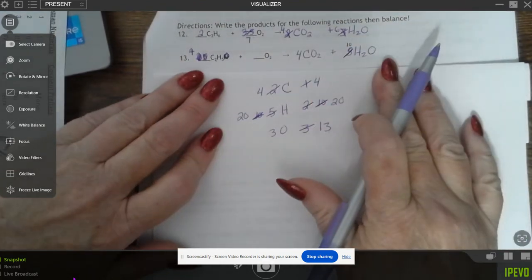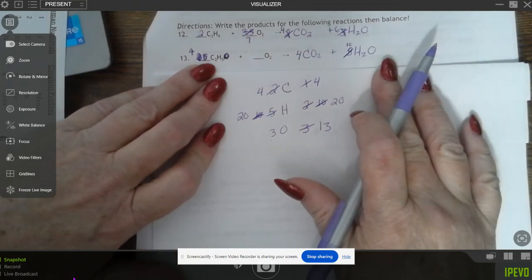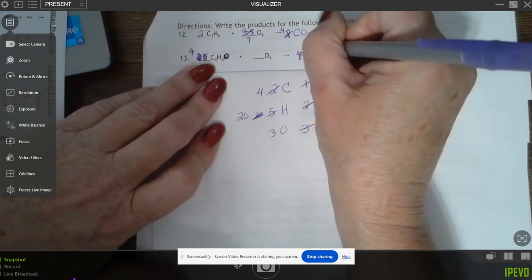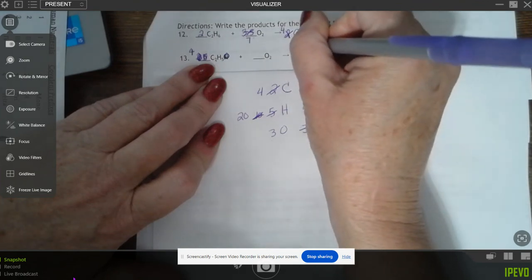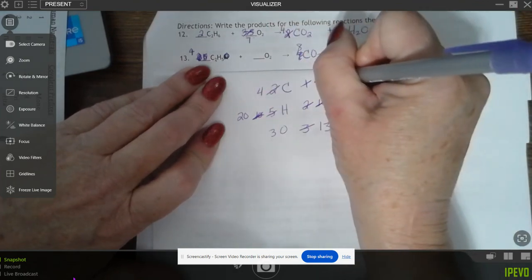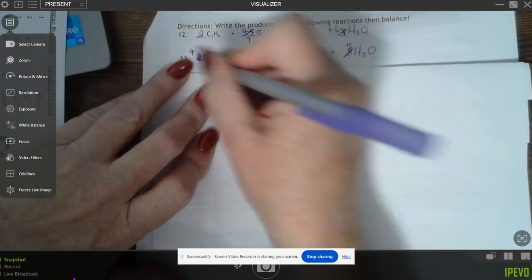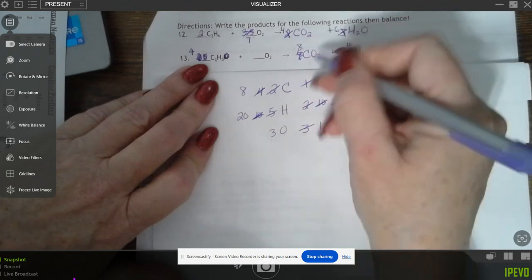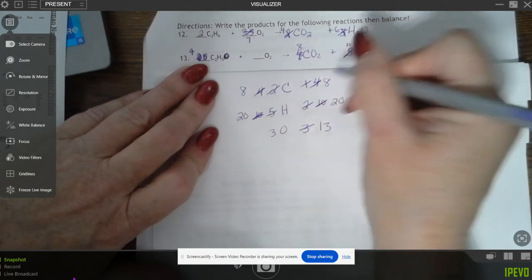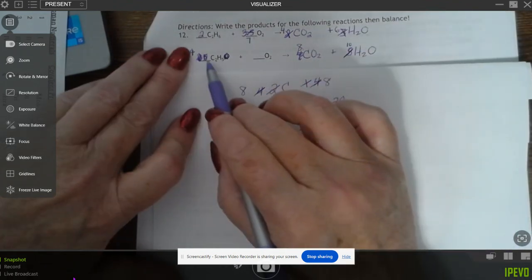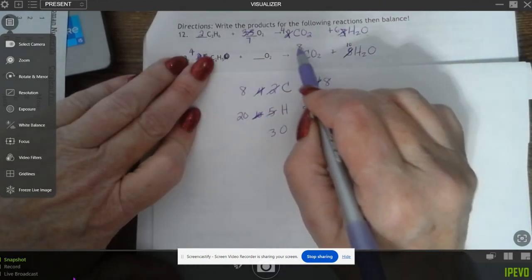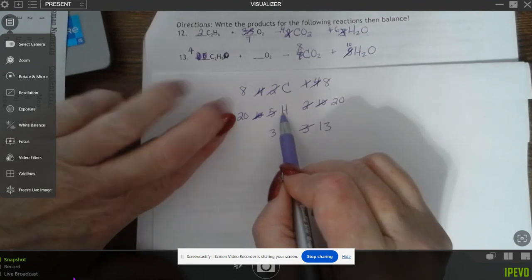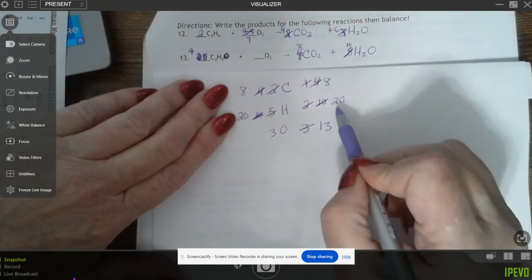Now I have 4 times 2 is 8 carbon, so I need 8 here. If I put an 8 here, I have 8 carbon. 4 times 5 is 20 hydrogen. 10 times 2 is 20 hydrogen.